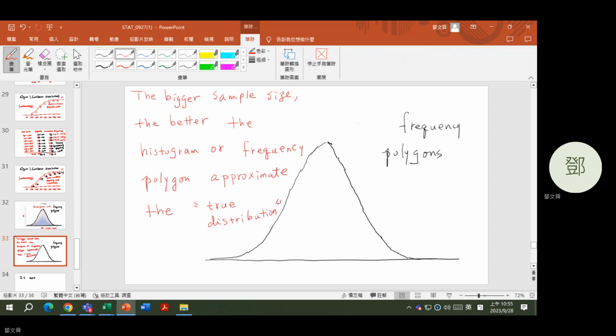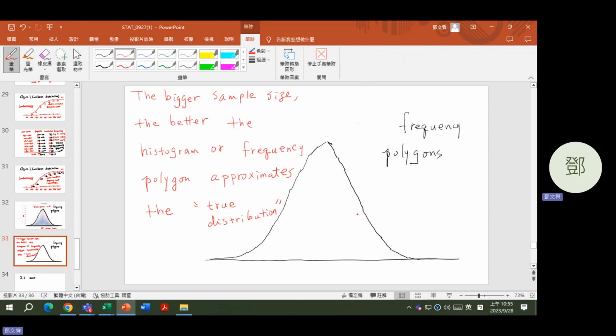The bigger the sample size, the better the frequency polygon and histogram approximate the true distribution curve.